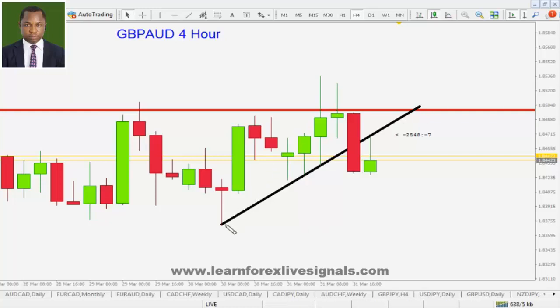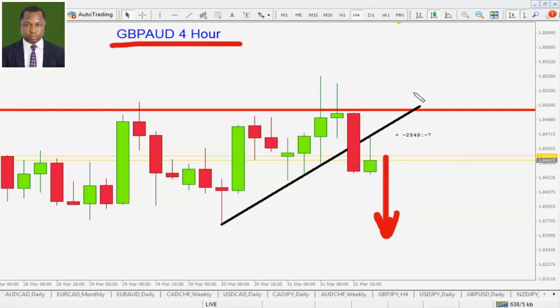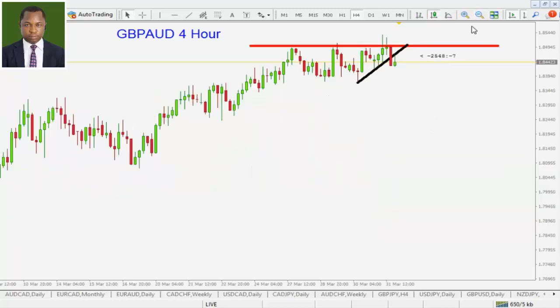You can see price bounced off, went up. Now it broke out. You see a massive full body candle, a momentum bar right there. It broke this rising trend line, and of course we are now seeing a pullback. This is a pullback to test that level. And what do we expect? We are expecting that from here on price will begin to push to the downside. So sterling pound against Australian dollar, our optimal direction for the week is to the downside.